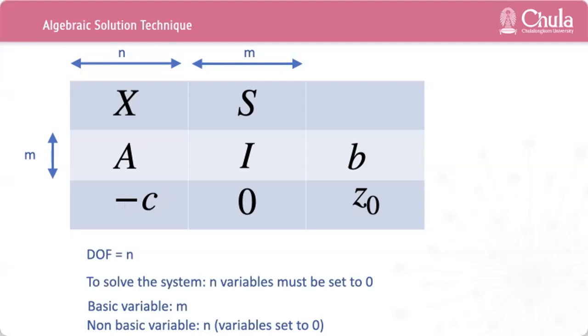We start from maximize, so for minimizing it must be the negative of the coefficients.